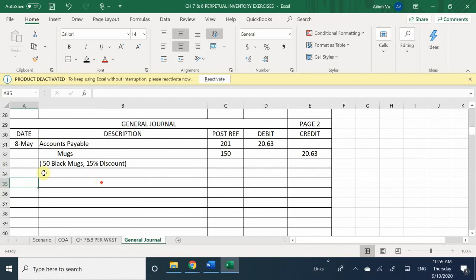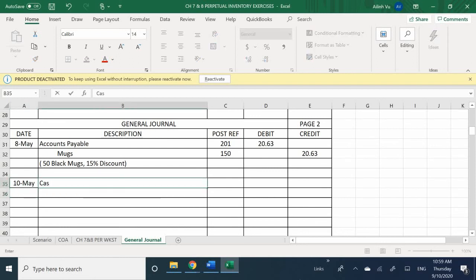So, let's go to our journal. Cash and sales. Good. So, May 10. We're going to get cash, and then we have sales.